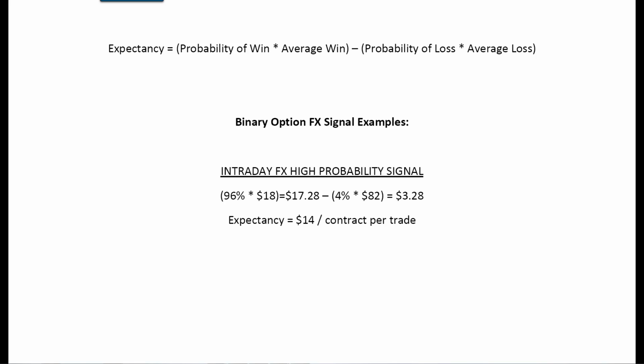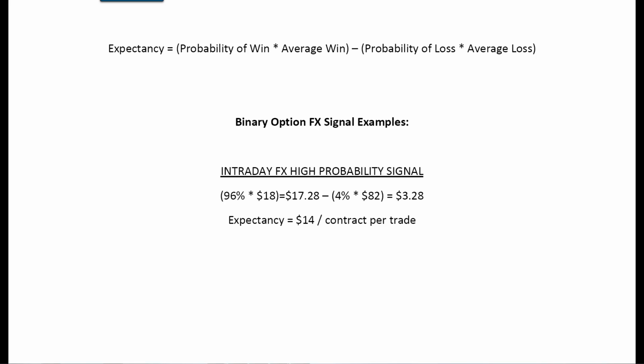But what we do know is that we are expecting to average $14 per contract per trade over time. And that really helps you mentally, knowing that's what statistically that trade will make over time. That's its expectancy, $14 per contract per trade.